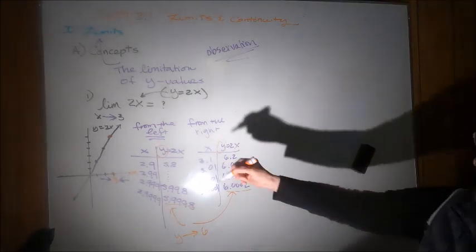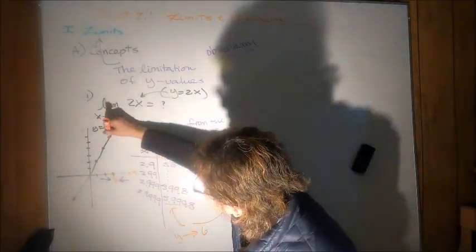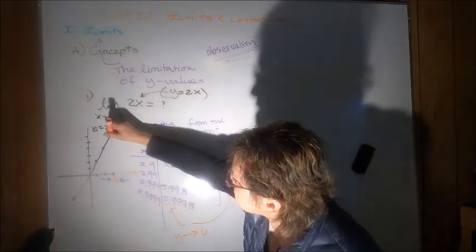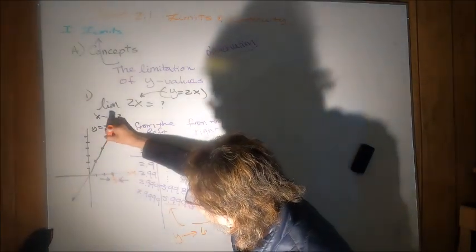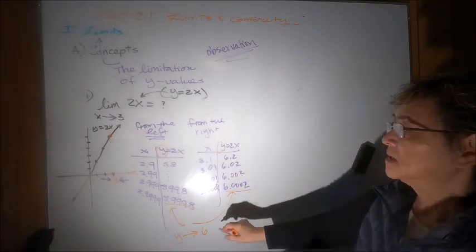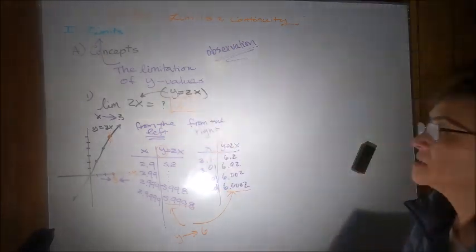So your y is coming from this side, going up, approaching there, and from this side, it's going down, approaching there. So it's bounded by what? 6. So the limit of 2x is 6. The answer is 6.